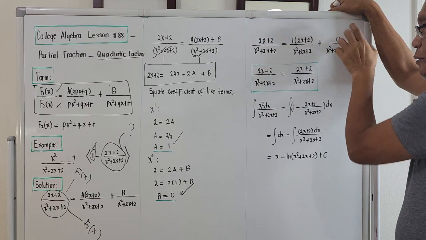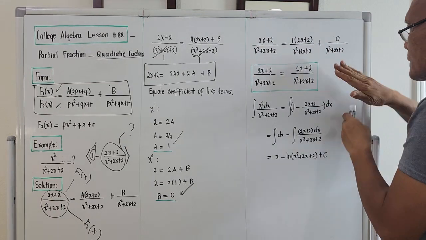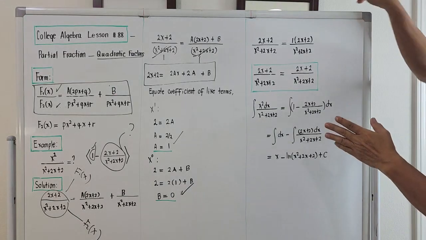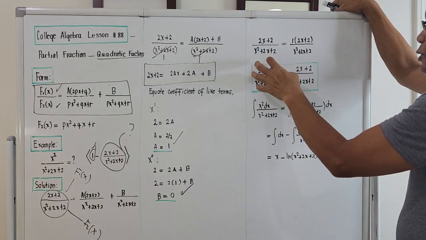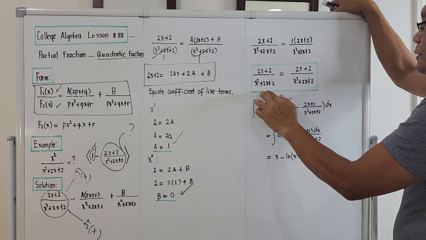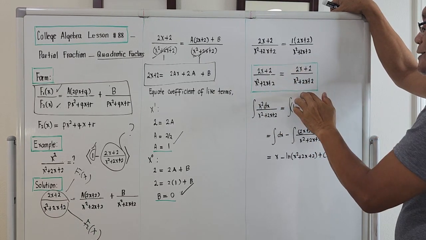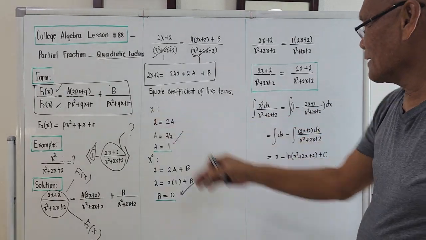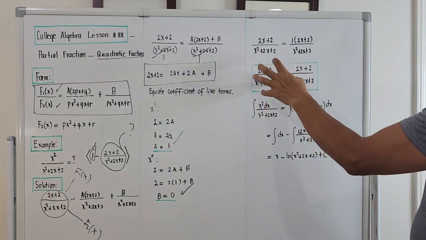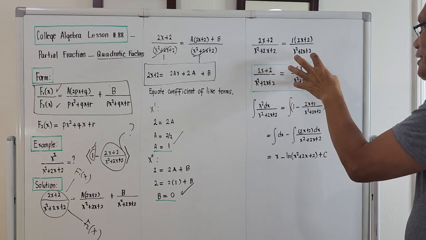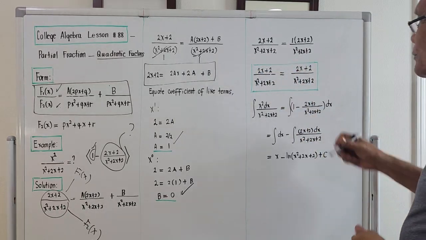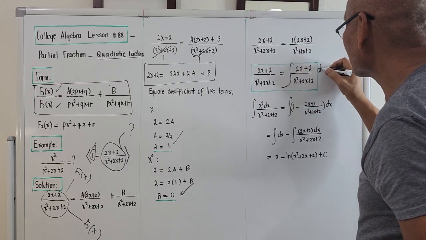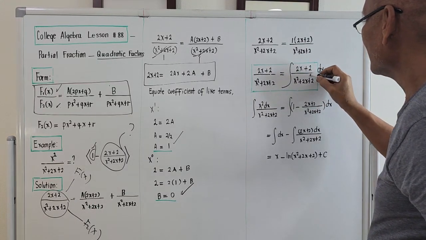But 0 over anything is still 0, so this will disappear. What comes out is 2x plus 2 over the quadratic factor equal to 2x plus 2 over the quadratic factor. So after following this concept, the given fraction is still equal to the equivalent fraction. If we now try to integrate this, you put a dx here.